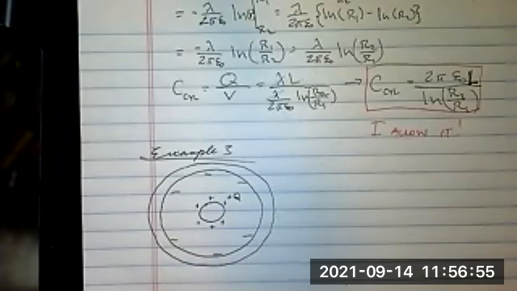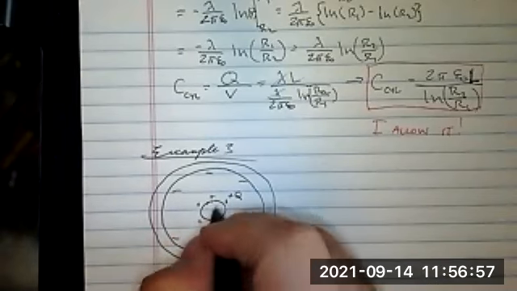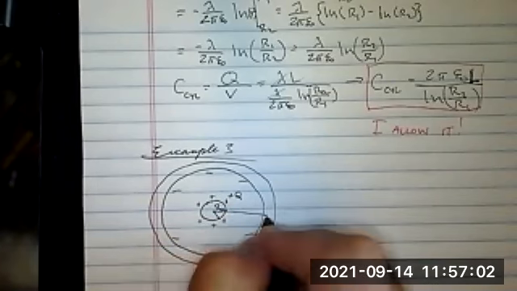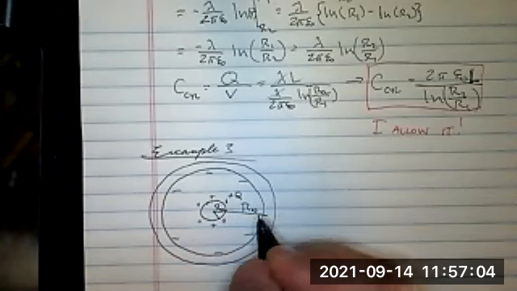Okay, I'm going to say this radius is RA, and let's say this radius is RB.